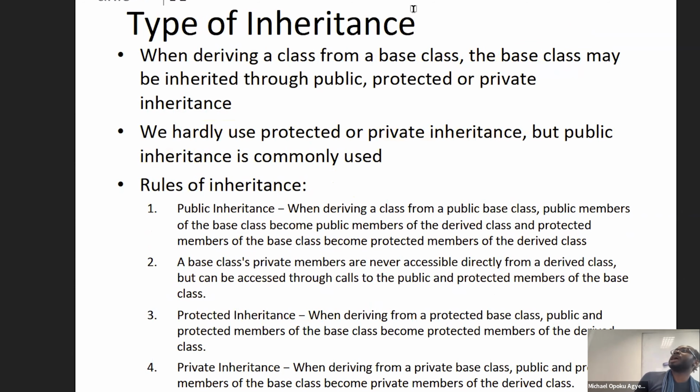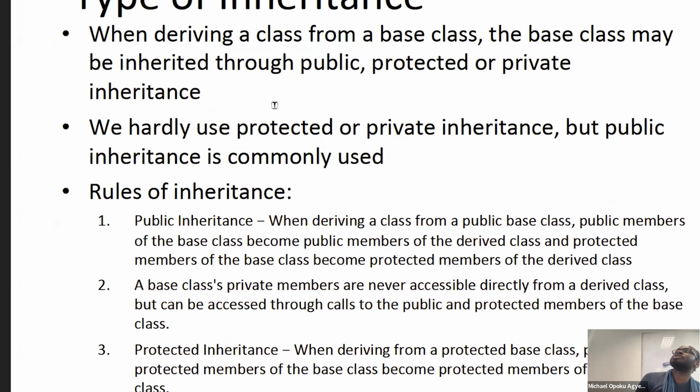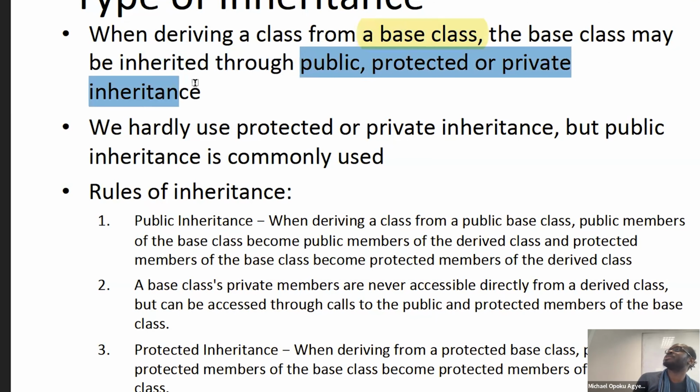So good, type of inheritance. I'll have to make this big as we go along. So when deriving a class from the base class, that's when creating a child of a parent, the base class may be inherited through access specifiers, which specify how we access these things: private, protected or public type of inheritance.